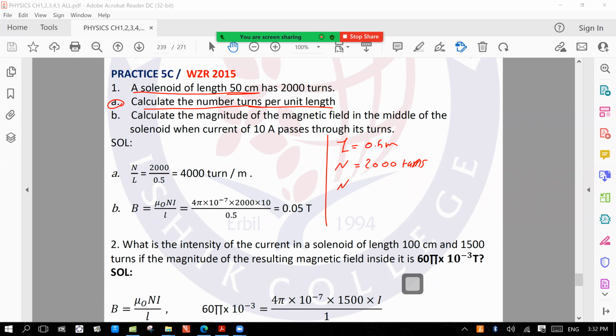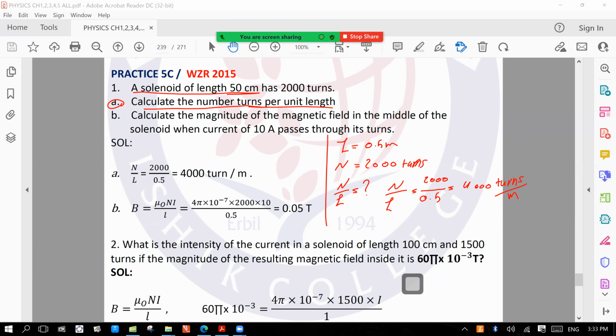It means divide N over L. How much are you going to get? N divided by L is equal to 2,000 divided by 0.5, which is going to be equal to 4,000 turns per meter. That's going to be the number of turns per unit length.